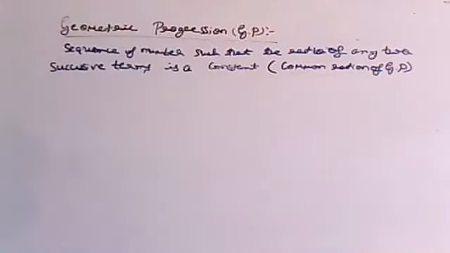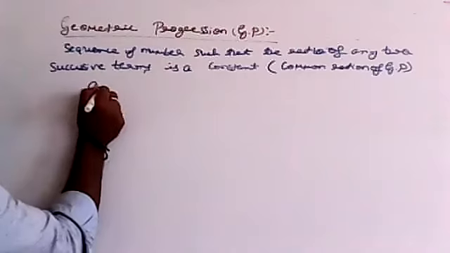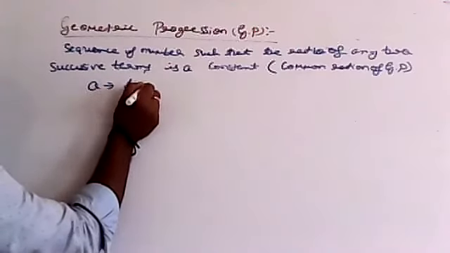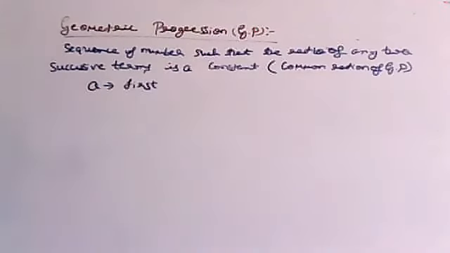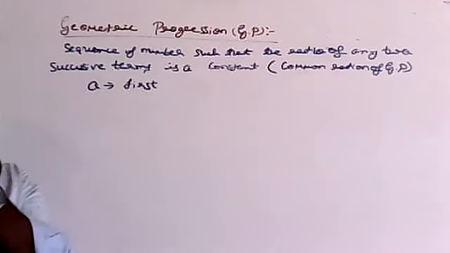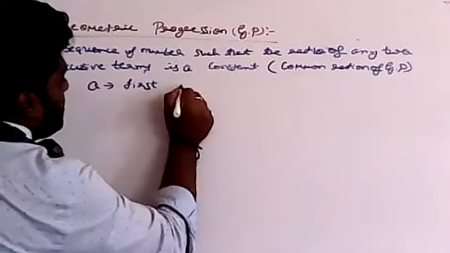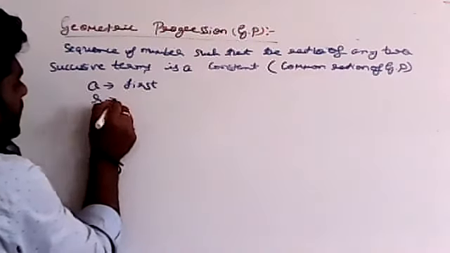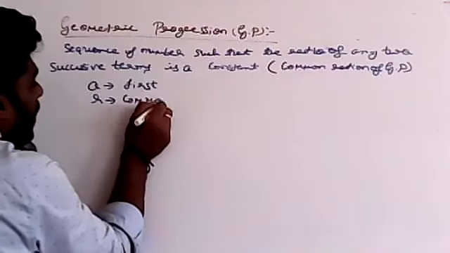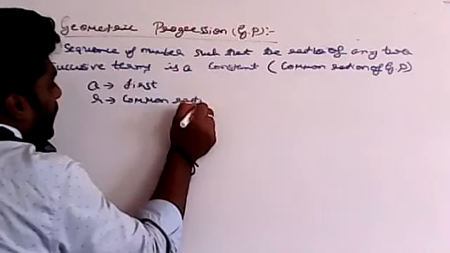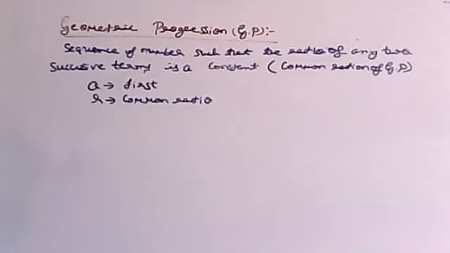I'll tell you what is the common difference here. The first term of GP is usually denoted by a. Let a be the first term in the GP, and the common ratio we denote by r.